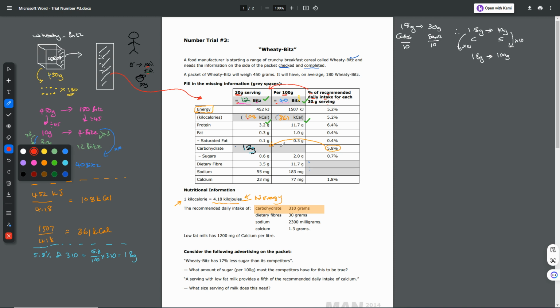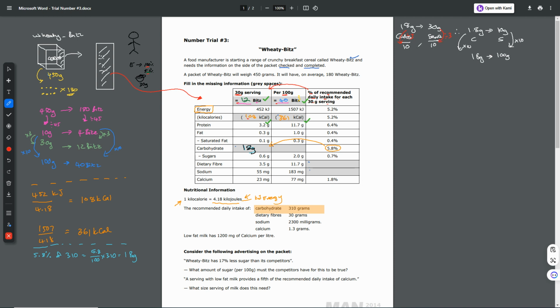100 grams. But does that even make sense? It doesn't make sense. It's 18 grams, it's going to be the total. But 18 grams is for 30. Let's double check this again. So 30, I have to divide by 3 to get to 10. 18 I had to divide by 3, and that's the problem.